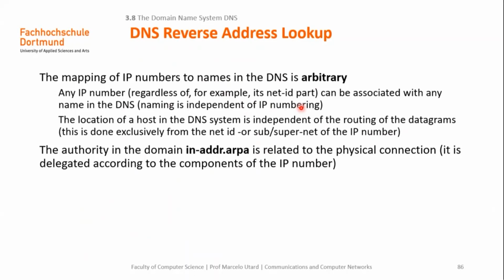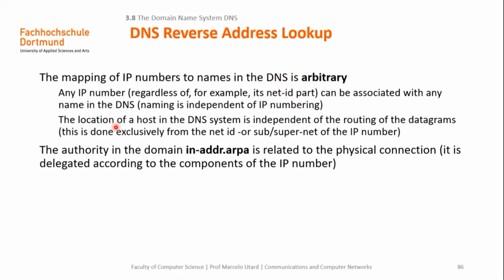Then there is no mapping between IP numbers and domain names, and we could assign arbitrary names to IP numbers. The location of a host in the DNS system is independent of the routing of the datagram.